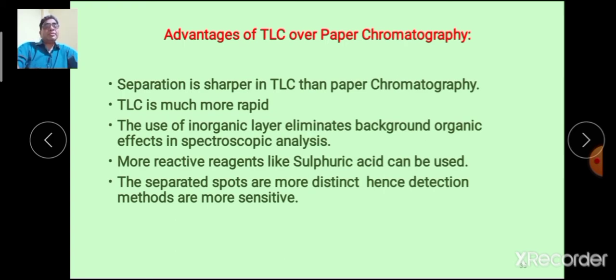More reactive reagents like sulfuric acid can be used in TLC, which is not possible in paper chromatography. The separated spots are more distant, hence detection methods are more sensitive, while in paper chromatography the separated spots are closer.